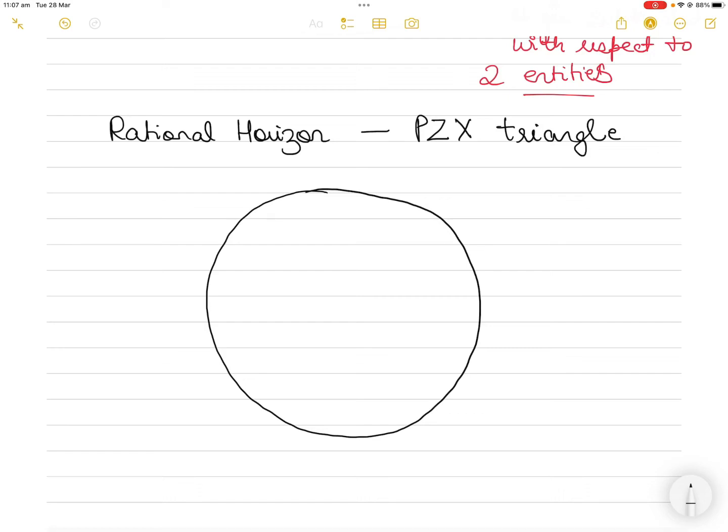Now remember, this is a sphere of infinite radius, and then I draw a vertical line and a horizontal line. I'll tell you what all these mean. Now I will put the letters N, S, W and E.